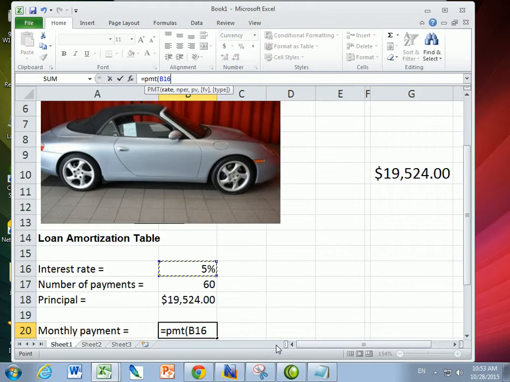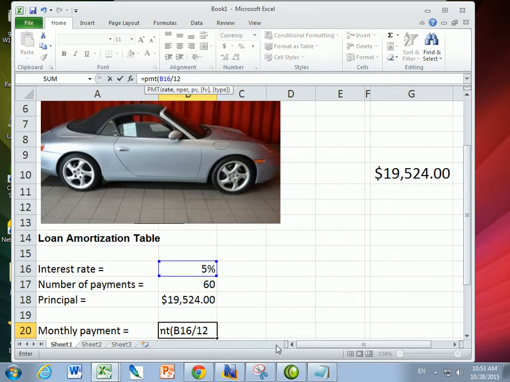Is this 5% per month? No. This is 5% per year. Because even though I make a payment per month, I want to know how much that month cost me in interest. So the rate is going to be my interest rate, but I need to divide by 12.